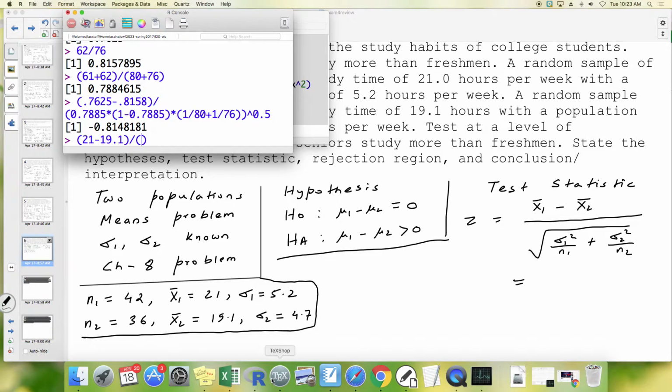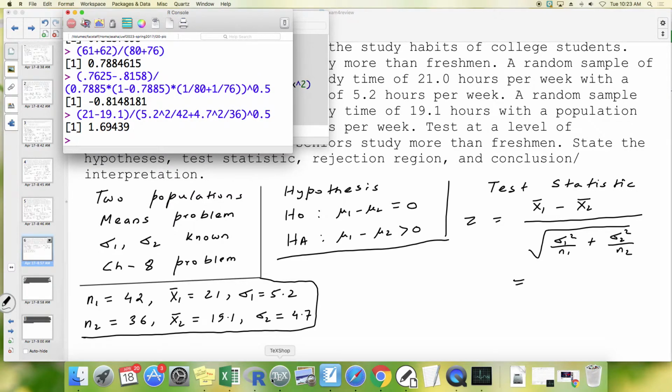On the bottom is 5.2 squared over 42 plus 4.7 squared over 36, and we should take a square root over the whole thing.